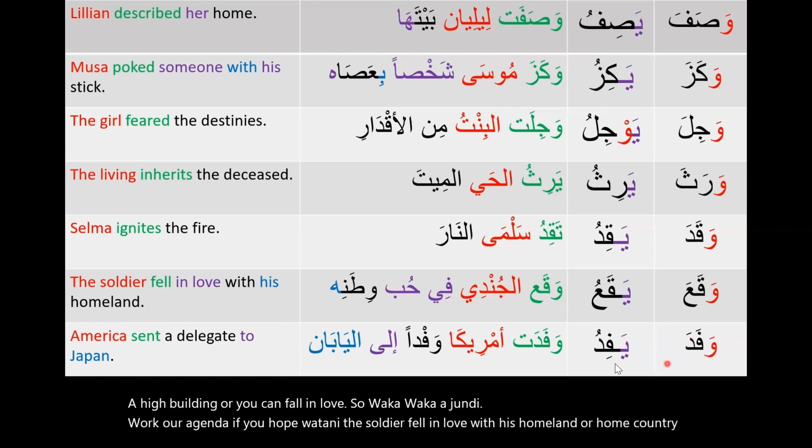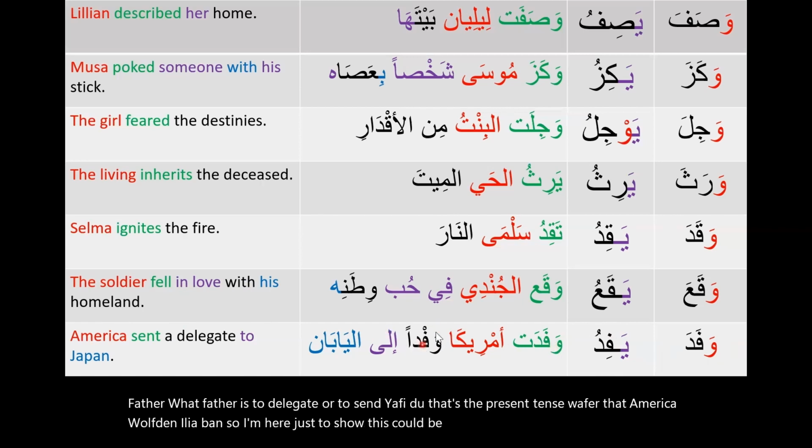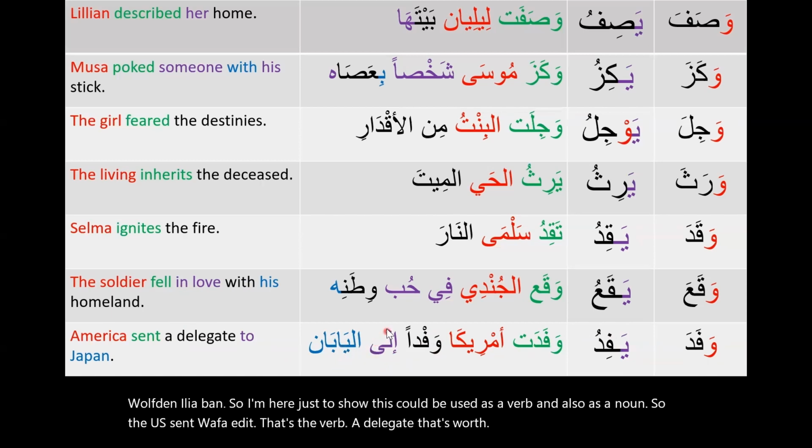Wafada is to delegate or to send. Yafidu, that's the present tense. Wafadat Amrika wafdan ila al-Yaban. I'm here just to show you this could be used as a verb and also as a noun. So the US sent, wafadat, that's the verb. A delegate, that is wafdan ila al-Yaban, to Japan.